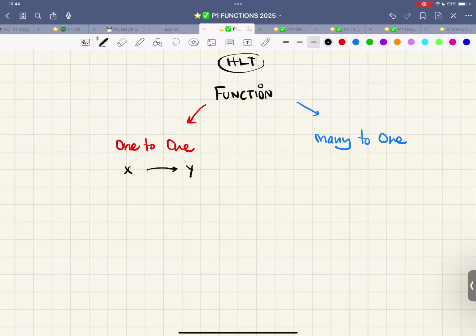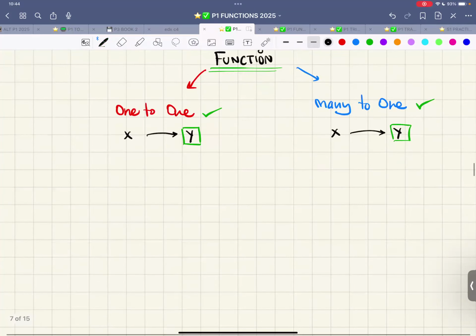When we talk about many-to-one, many values of x give you one value of y. So it is necessary there should be only one value in the range, because that is what makes it a function. Now, the very basic example of a one-to-one function is a linear function.